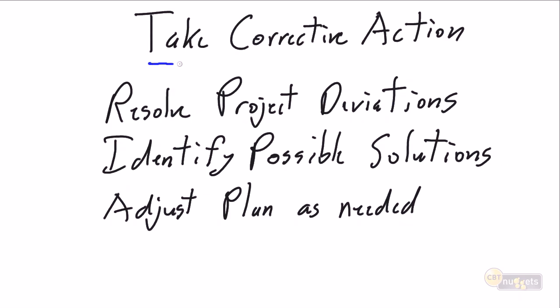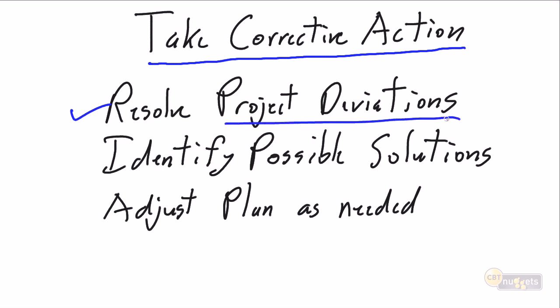But before we truly hang our heads in shame and say, dear boss, this is not going to be a 3.5 month stage, this is going to be a 3.8 month stage, the next PM activity we need to take on is taking corrective action. We need to resolve these project deviations. We're now 1.2 months into the project, and we've discovered that we have a 0.1 month variance.